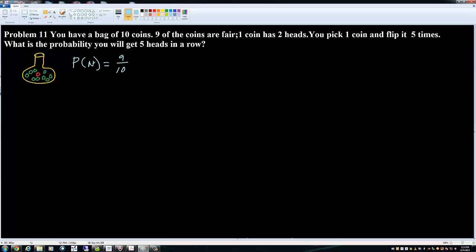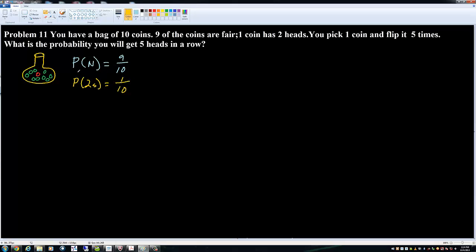There's 10 coins, 9 of them are normal, so your probability of picking a normal coin is 9 times out of 10. What is the probability of picking a two-sided coin? Well, there's 10 coins, there's only 1 two-sided coin, so the probability of randomly picking one is 1 out of 10. Okay.